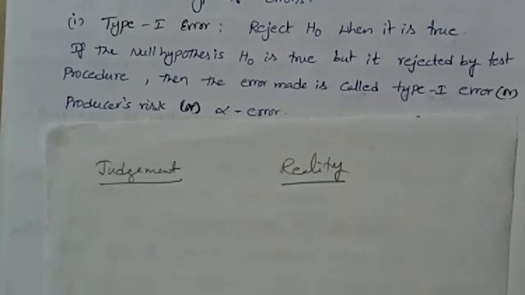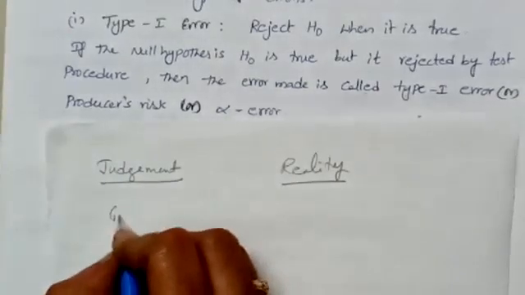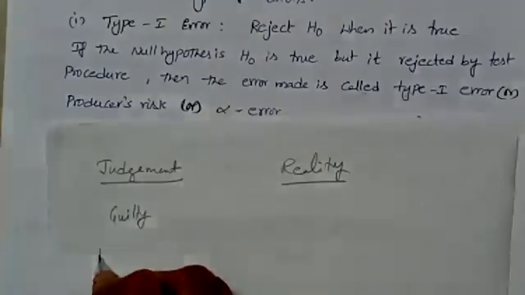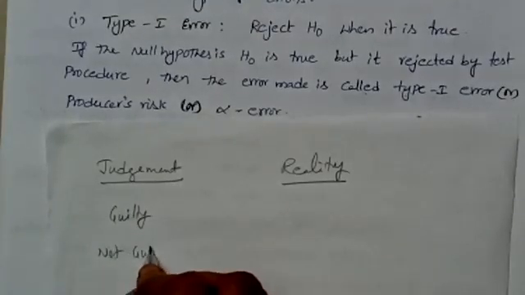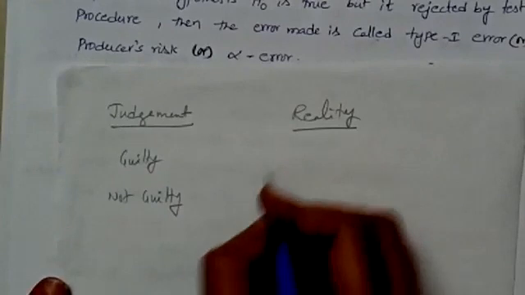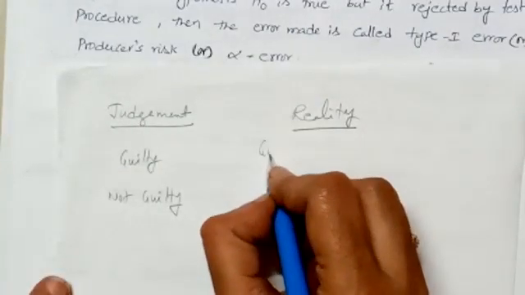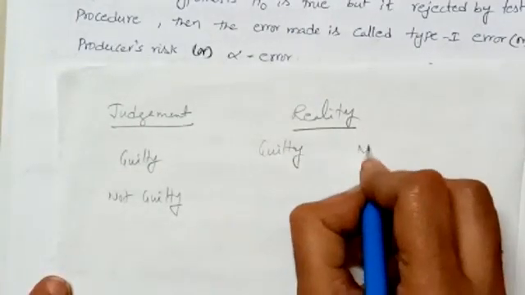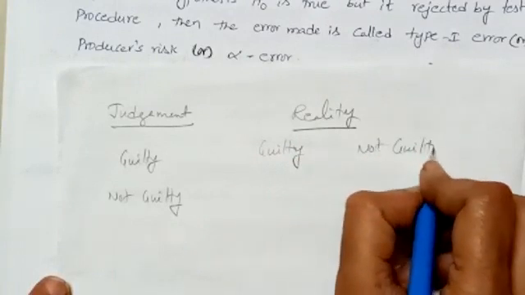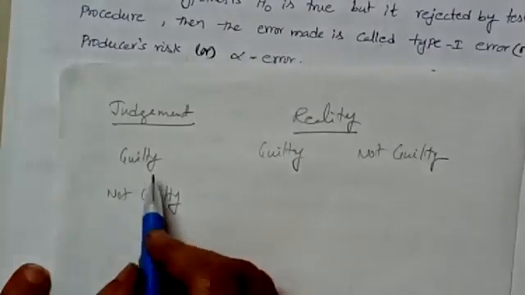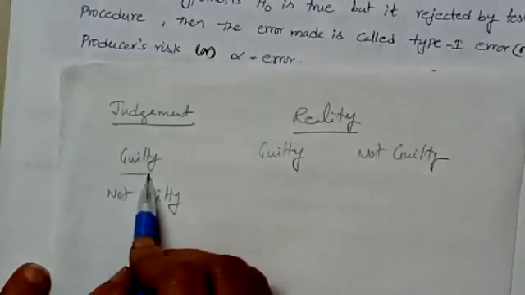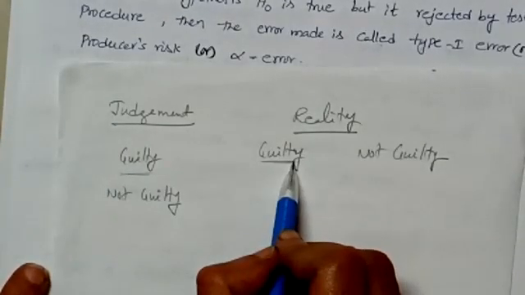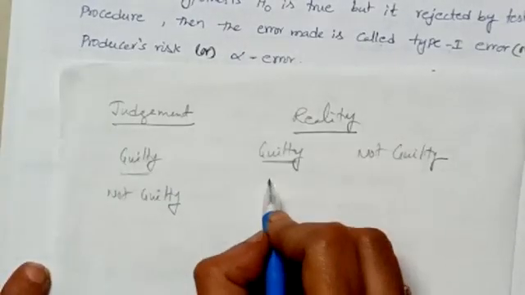But the prosecution's claim is that the person is not guilty. Then what are the judgments we will have? Judgment is either guilty or not guilty, and in reality also guilty or not guilty. Whenever the judgment is guilty and in the real case also he is guilty, is that true or false?